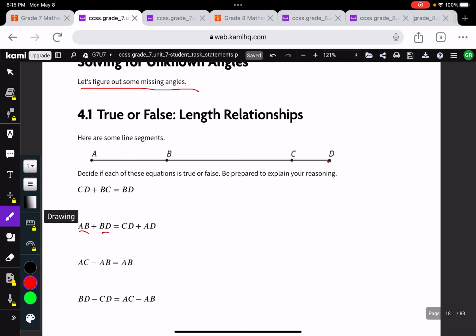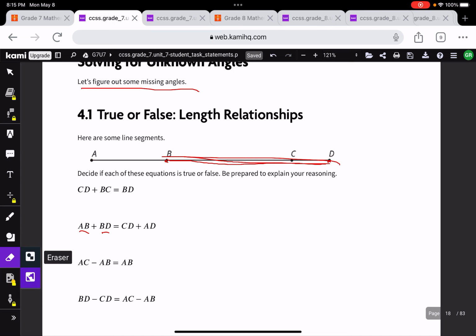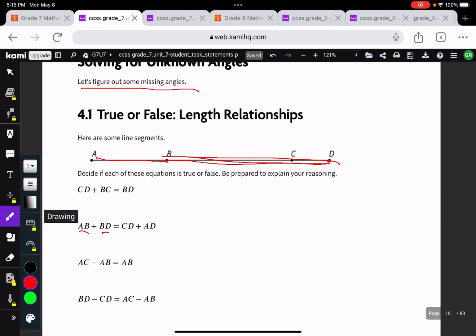Let's see, AB and BD. AB is from here to here, plus BD. So pretty much just the whole line that's there. Is that equal to, we don't need to erase, let's just switch colors.